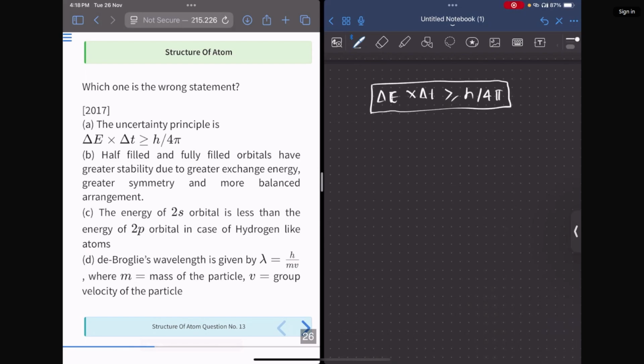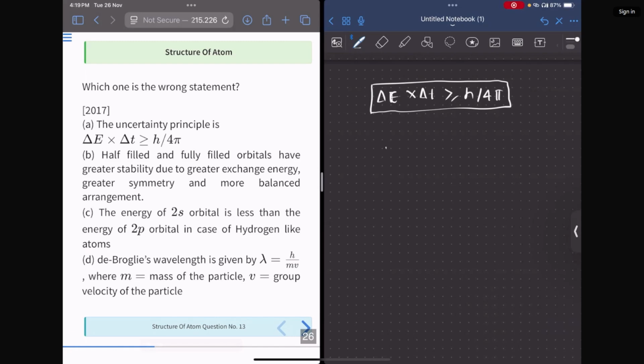Option B: half-filled and full-filled orbitals have greater stability due to greater exchange energy, greater symmetry, and more balanced arrangement. You know this. During the filling of electrons, you were taught that half-filled and full-filled orbitals have greater exchange energy. That's why they lose more energy and possess minimum energy, and minimum energy signifies the stability of that orbital.